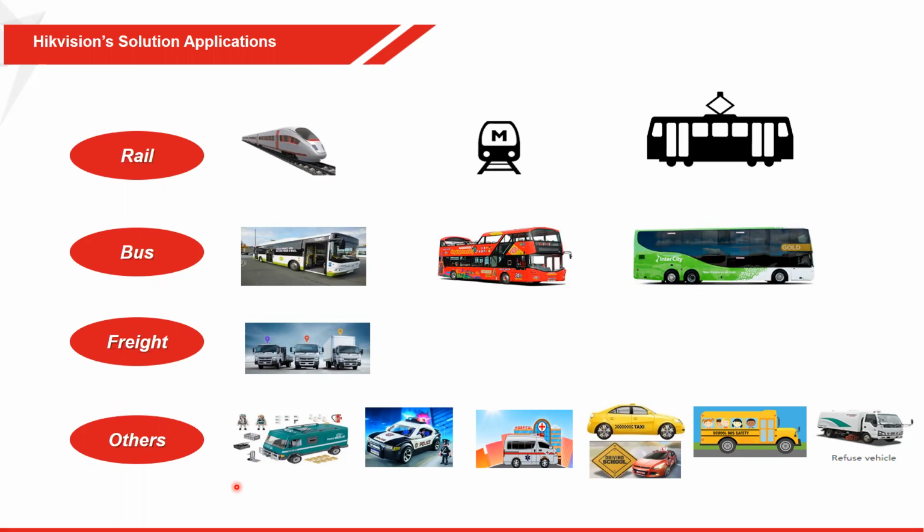So our private security services, our policing services, emergency services, our school transportation services. All of these, our solutions can be applied to, and we can look at more in-depth solutions for each different service and how our solution can benefit them.